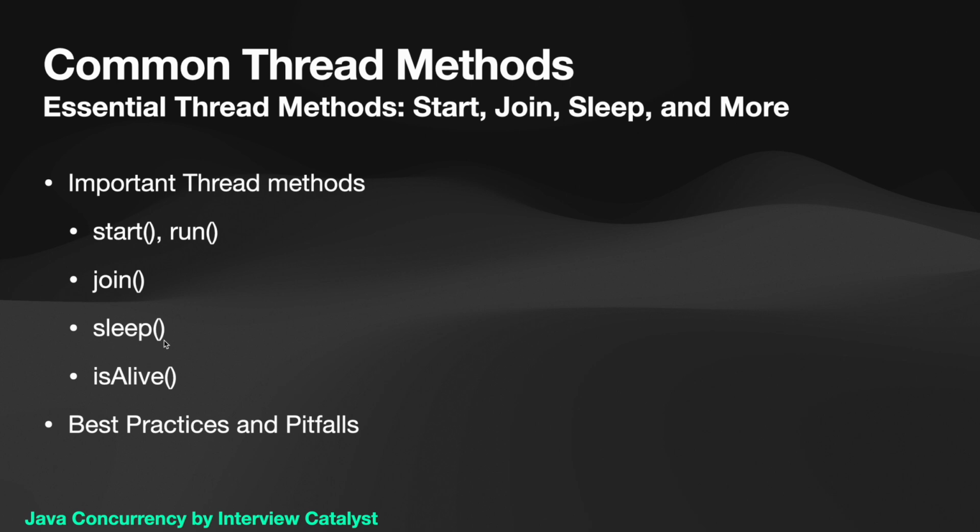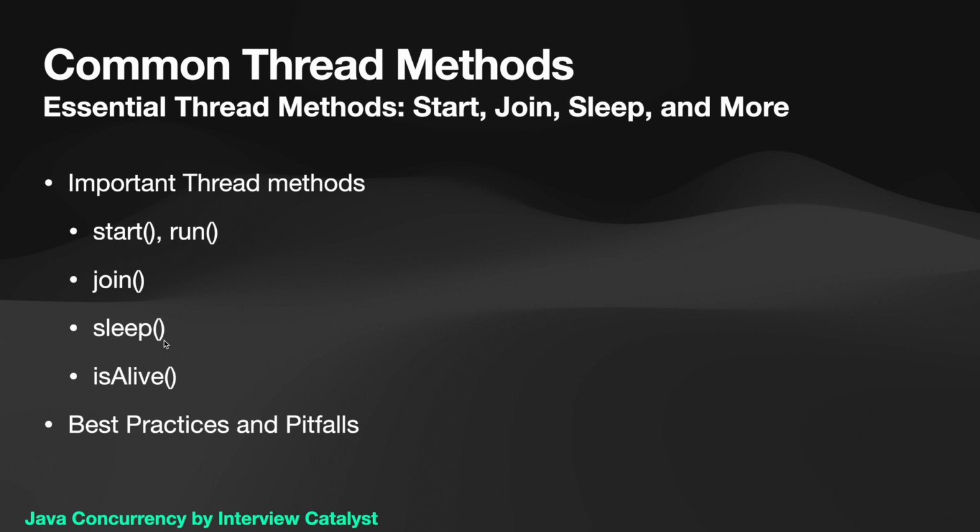Sleep method. The sleep method pauses the execution of the current thread for a specified period, giving other threads a chance to execute. It's a static method, meaning it is called on the Thread class itself, not on an instance.